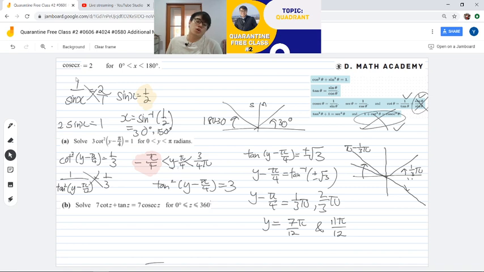So do take note to always check the range first, because that will determine which answer you choose and which answer actually qualifies for you to fill in as the final results.